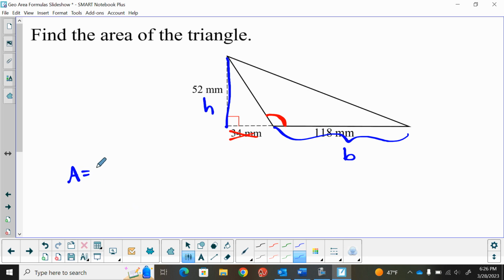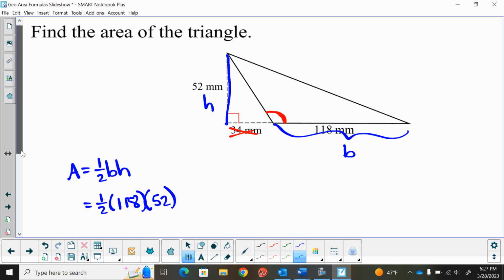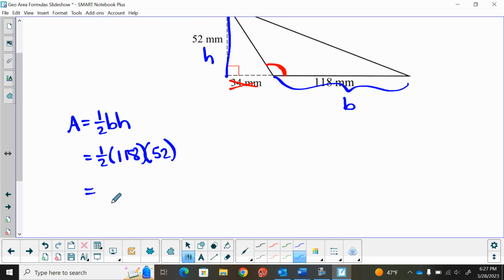So area equals 1/2 base times height. 1/2 times 118 times 52. Put that into our calculator and we get 3,068, and this is millimeters squared.